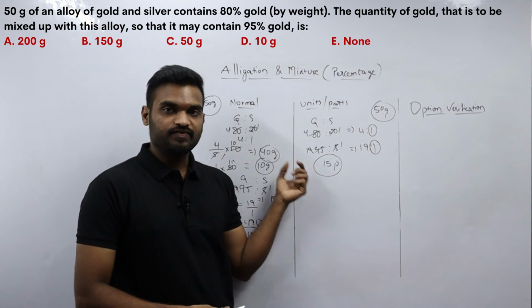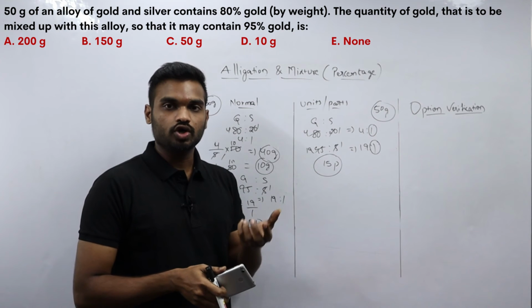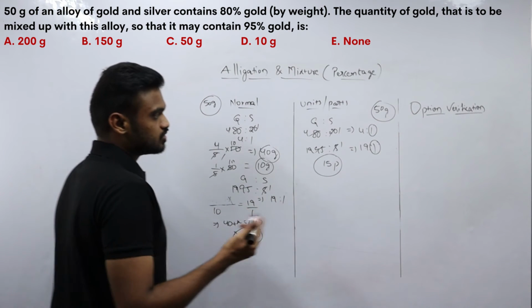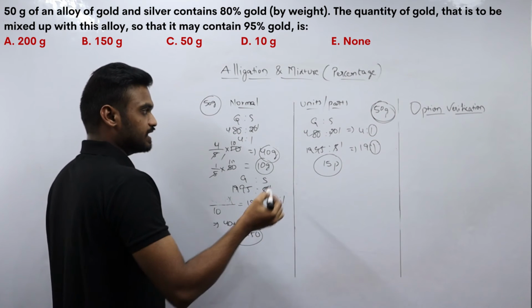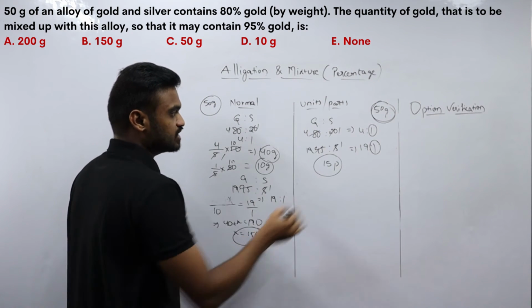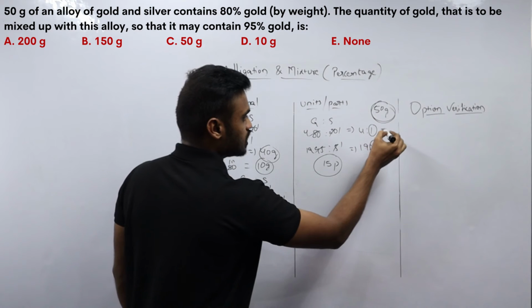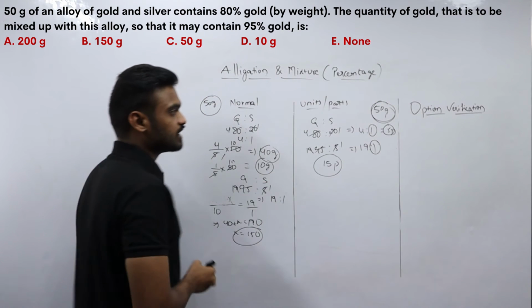This 15 parts of difference occurred due to adding some grams of gold, and we don't know how many grams. We also know that the initial quantity is 50 grams. The initial ratio of gold and silver is 4:1, that is 4 plus 1, totally 5 parts. This 5 parts is equal to 50 grams.